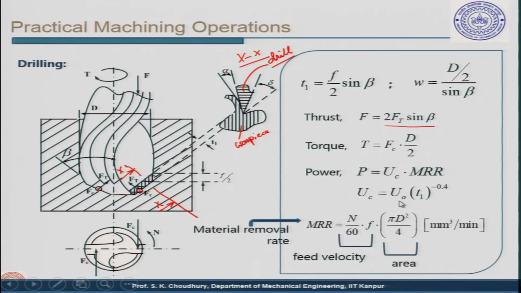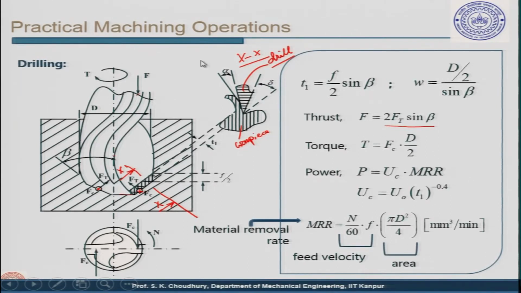Specific energy is given as U0, the specific energy constant, T1 to the power minus 0.4, and material removal rate is given by the feed velocity, which is n into F, divided by 60 to give it in minutes, and area. Because it drills a hole, the hole area is cylindrical, so it will be pi d square by 4, where d is the diameter of the hole or the diameter of the drill.